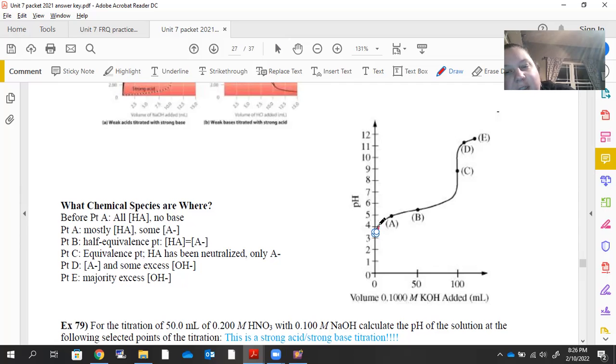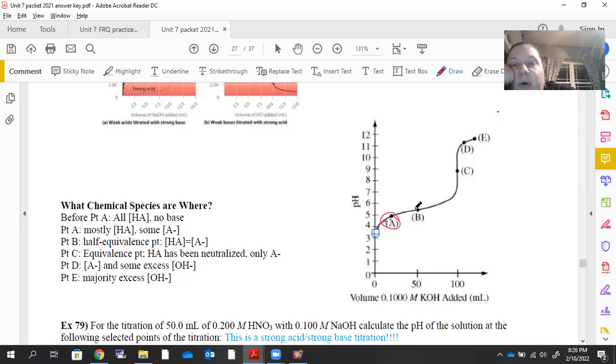As I get deeper into this, more of my HA is going to start dissociating, so I'm going to get less and less HA and more and more A minus. At point A, we've got mostly HA, some A minus. There's no loose H plus or OH minus really at this point, because every single OH minus that's getting added in is finding an H plus to buddy up with to neutralize into water.